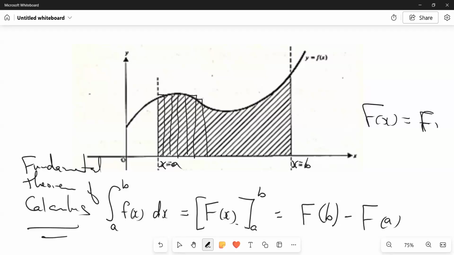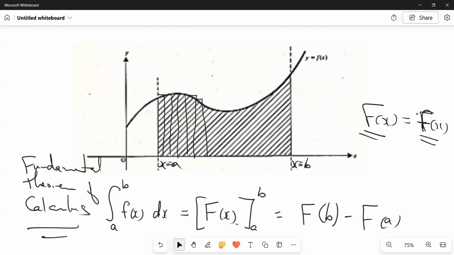And if you integrate f(x), you will get capital F(x). It's simply saying the integral of this f'(x), or the integral of the derivative, is the function itself.